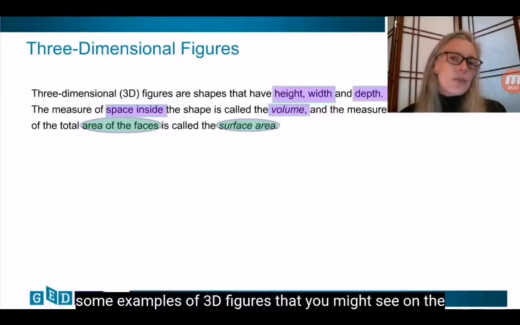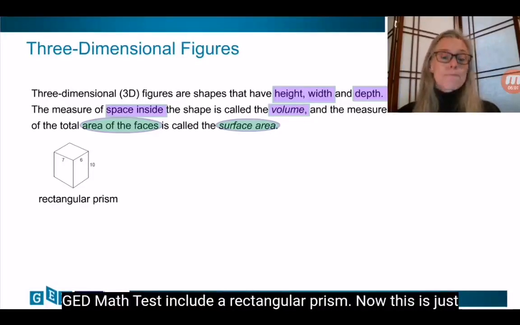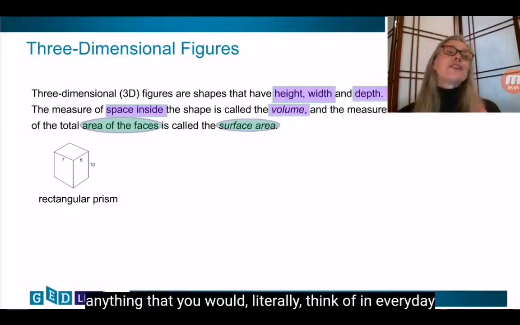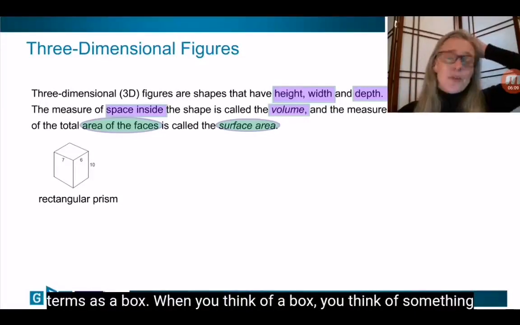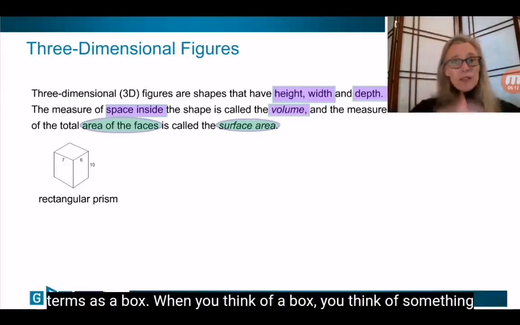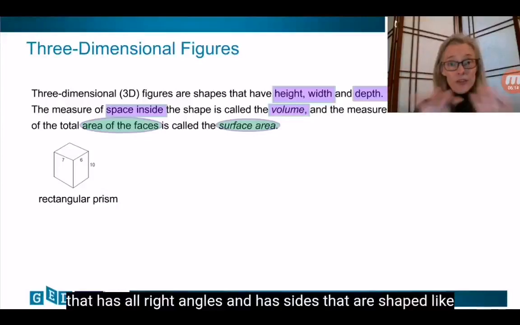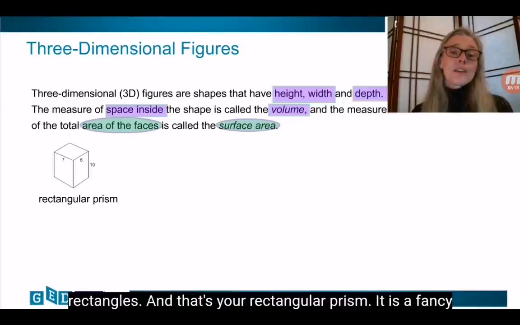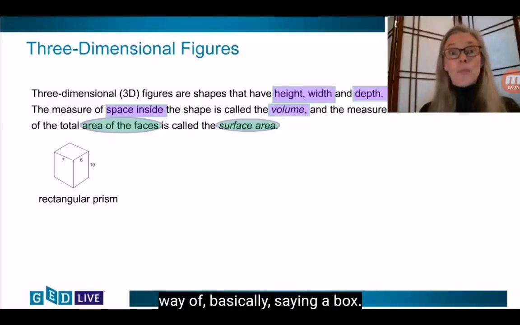So some examples of 3D figures that you might see on the GED math test include a rectangular prism. Now this is just anything that you would literally think of in everyday terms as a box. When you think of a box, you think of something that has all right angles and has sides that are shaped like rectangles. And that's your rectangular prism. It is a fancy way of basically saying a box.